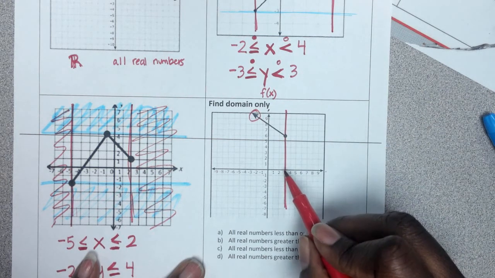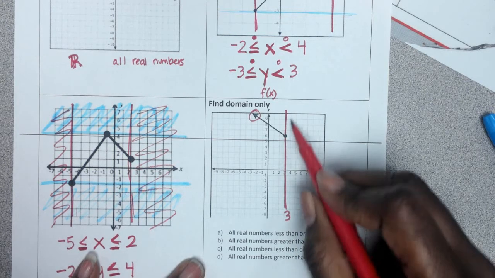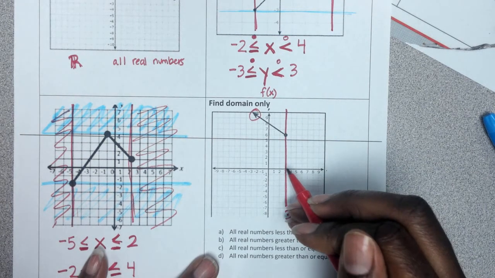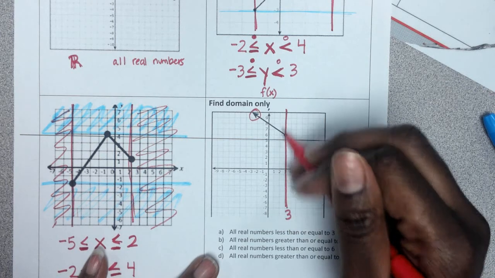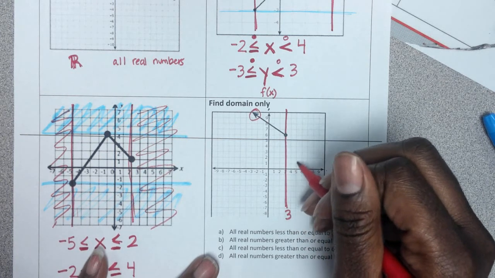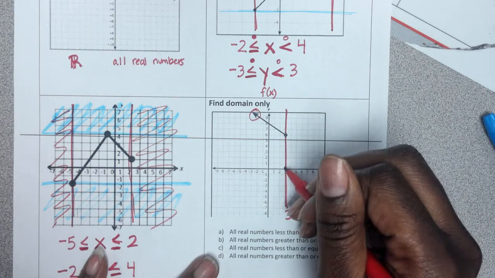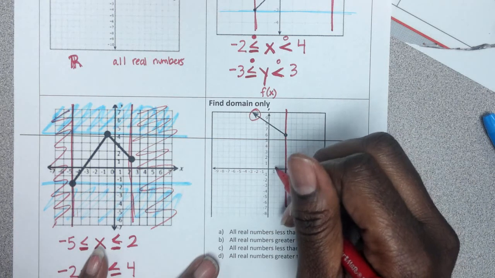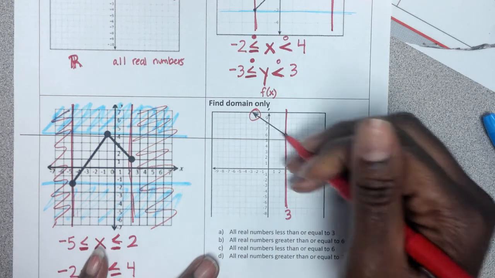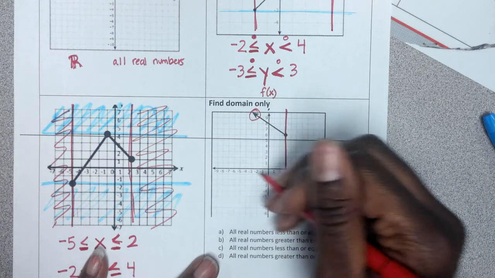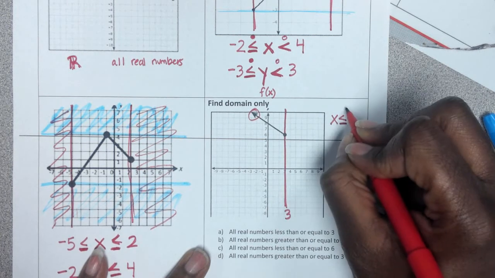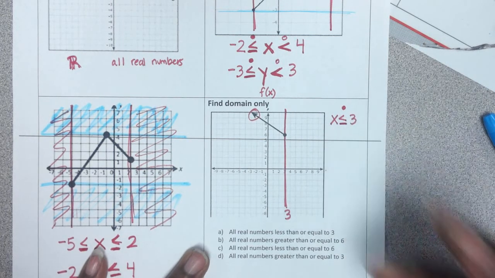So I know my domain has to have a 3, because that's where it touches the x-axis, okay? I just need to figure out, is the graph using things that are more than 3 or less than 3? Look at the x: this graph is over here where the x-axis is less than 3. So it should be x is less than or equal to 3, because of the closed circle.